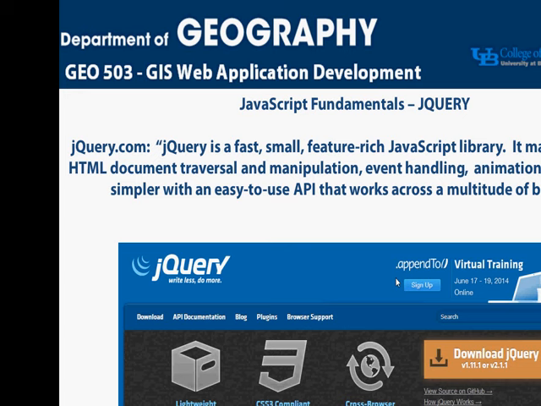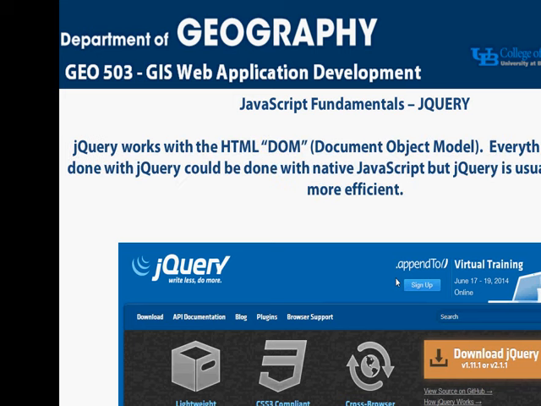So something that you do in jQuery should work in every browser. jQuery works with the HTML document object model. There's nothing in jQuery that you can't do in JavaScript on your own. It just is easier.